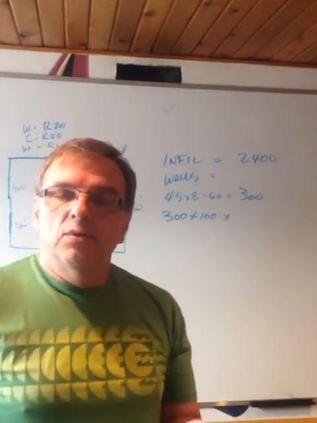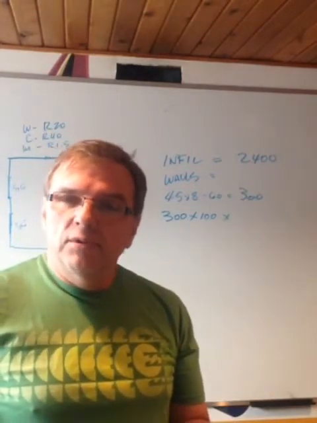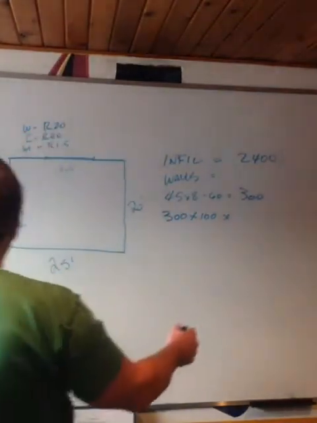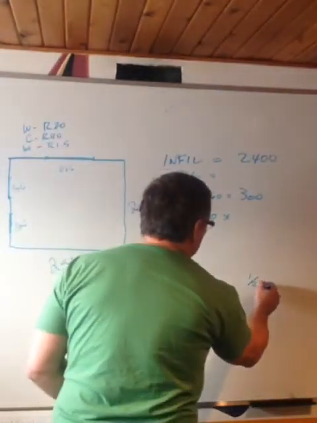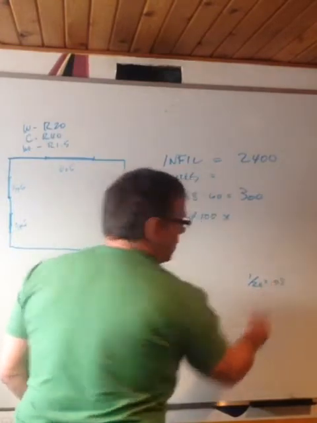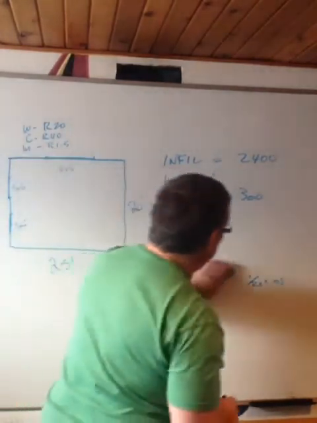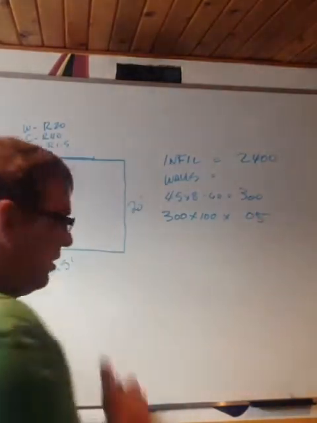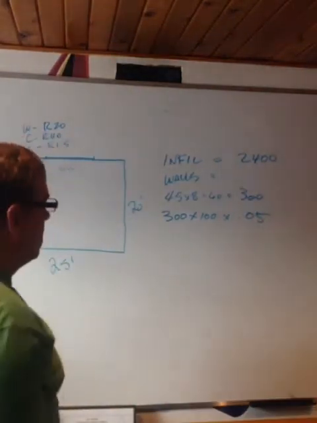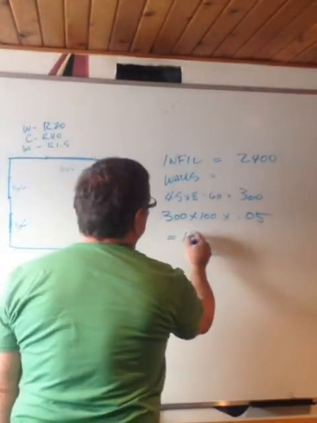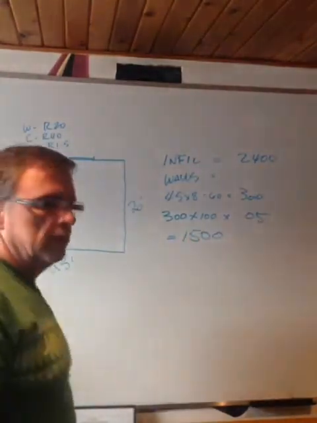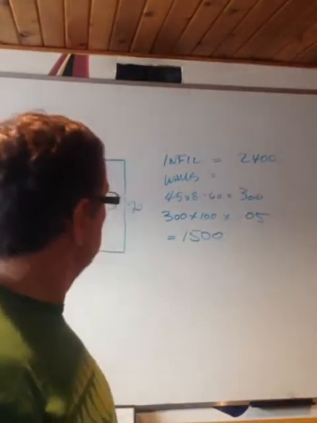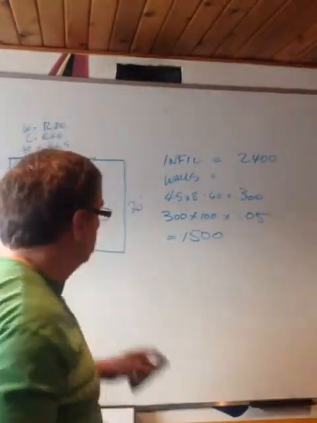In this case we said R20, so the U value is simply the inverse of the R value, 1/20, or 0.05. Multiply that all up and you get a number of 1,500. So that's the BTUs going out the walls on an hourly basis.